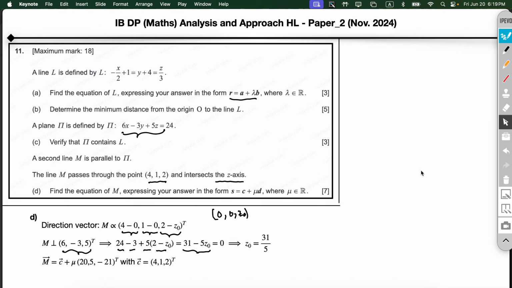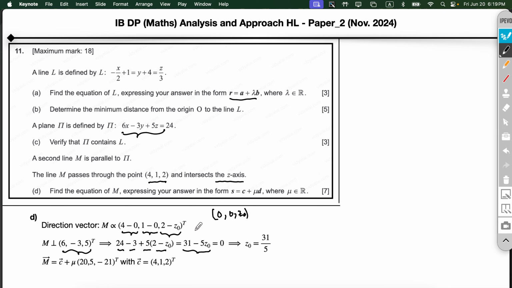So we can now start to construct an equation like M equals C plus mu times some vector. So the direction vector now here is 20, 5, negative 21, with C equals 4, 1, 2. And this comes out as follows.